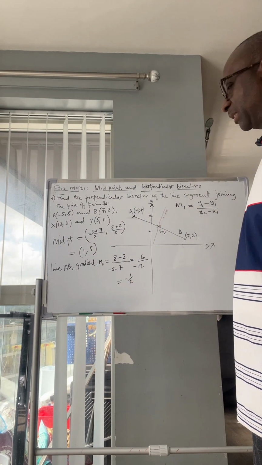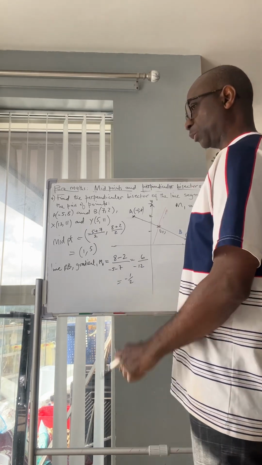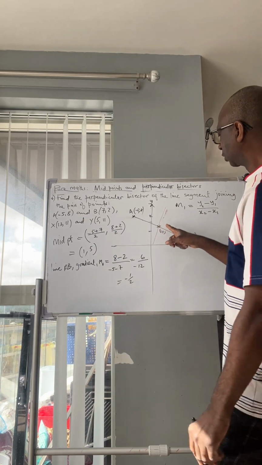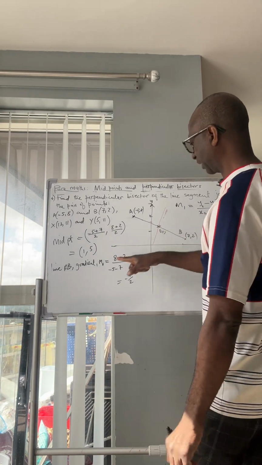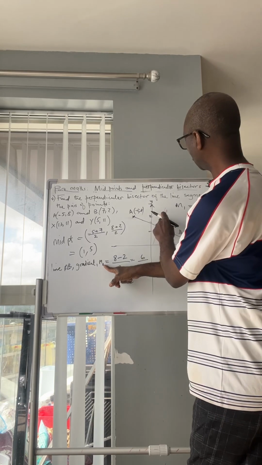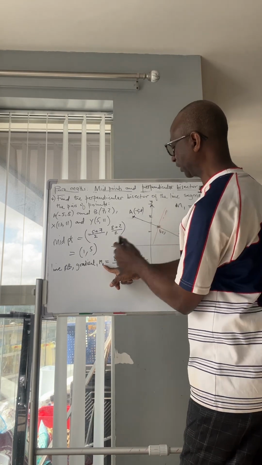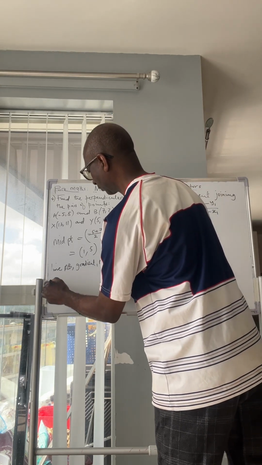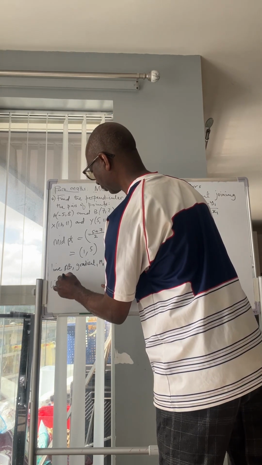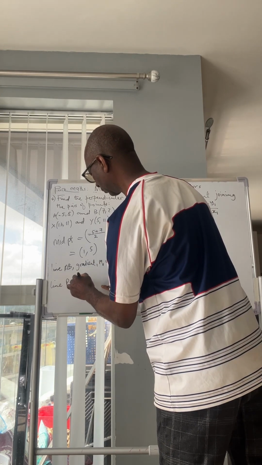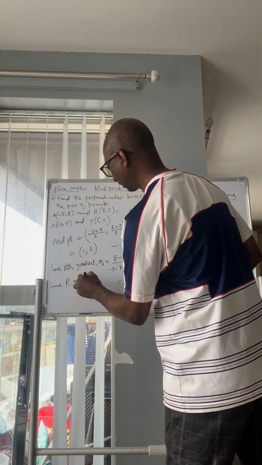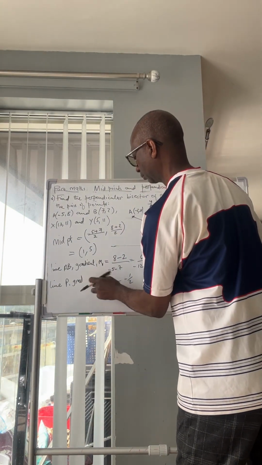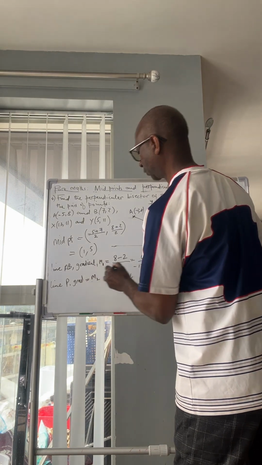But what we know is that when two lines are perpendicular to each other, the product of their gradients is minus 1. So if this gradient is M1, and we want to find the gradient of line P, we say M2.